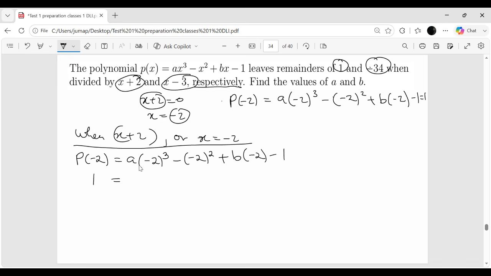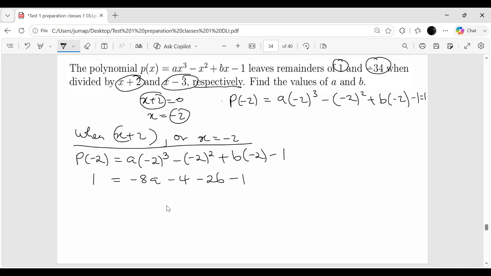So it is equal to negative 8a. Then this one is going to be minus 4, because negative 2 squared is 4, then times negative, it will be negative 4. Then this is going to be minus 2b, then minus 1.